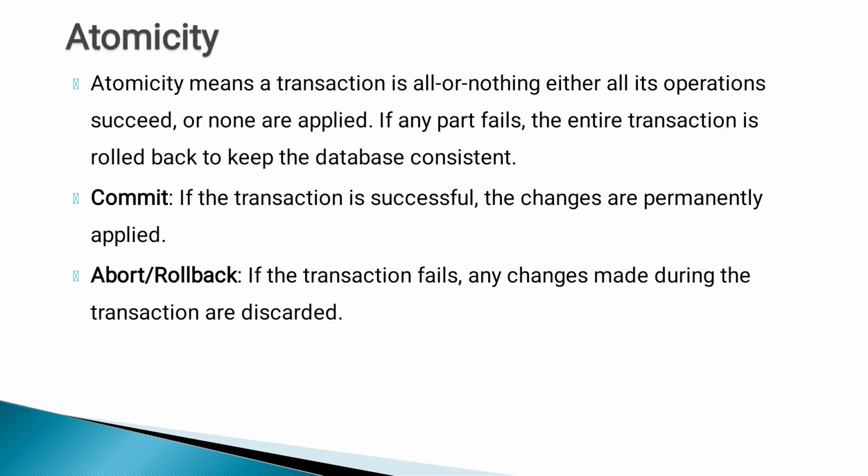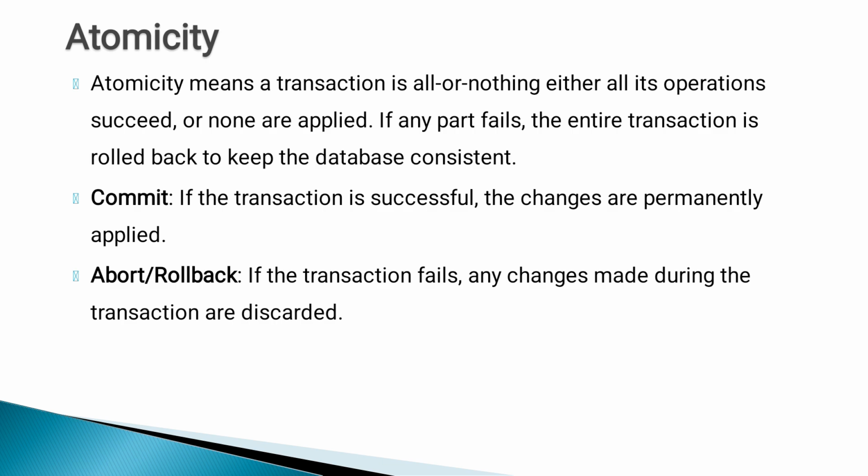Or if any error occurs, the transaction fails and comes back to the starting execution. It has two operations, that is commit operation and abort or rollback operation. In commit operation, the transaction executes all the operations successfully and stores it in the database permanently.